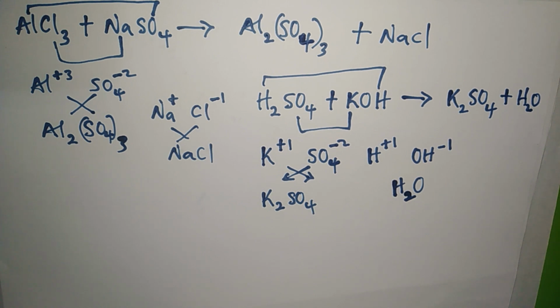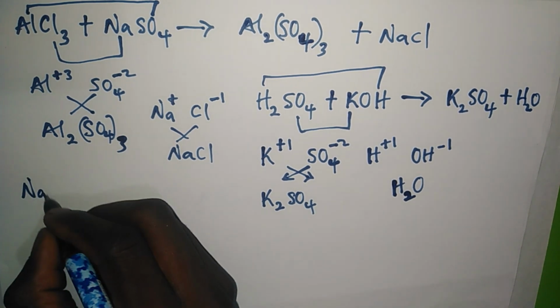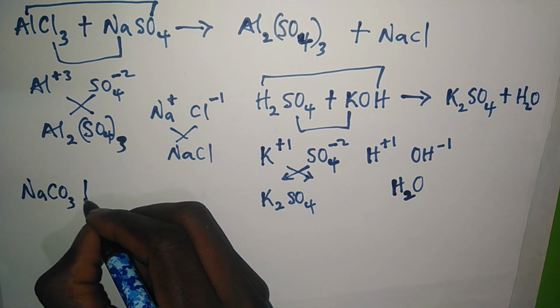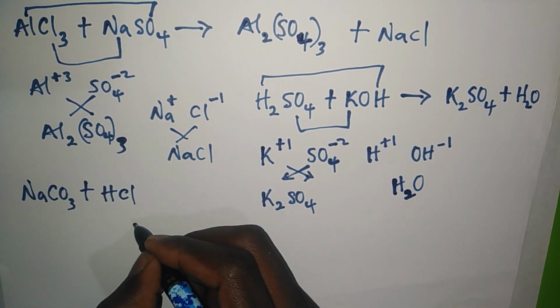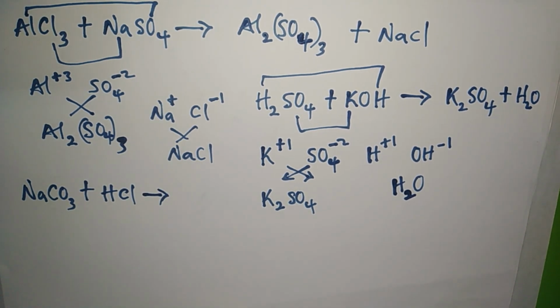Let's take another example. Let's say we have sodium carbonate reacting with HCl, right? How do we predict the product of this reaction? Now to predict the product of this reaction, we still go by our process.